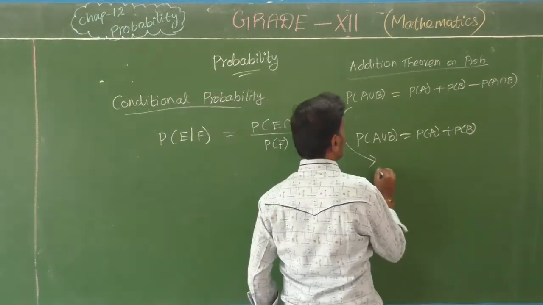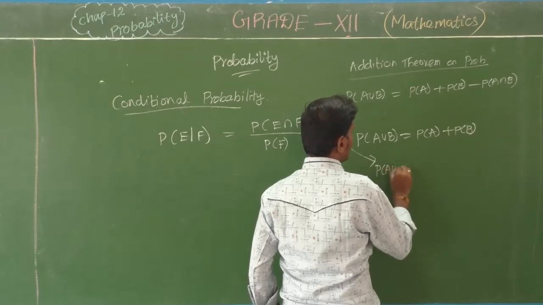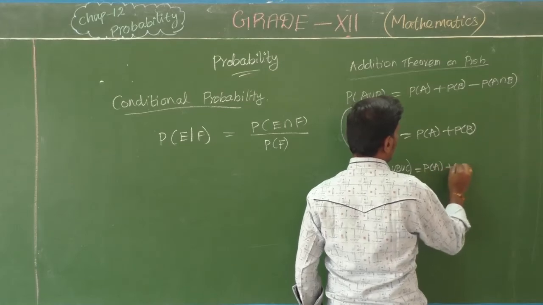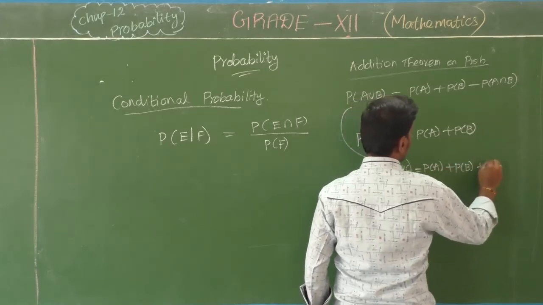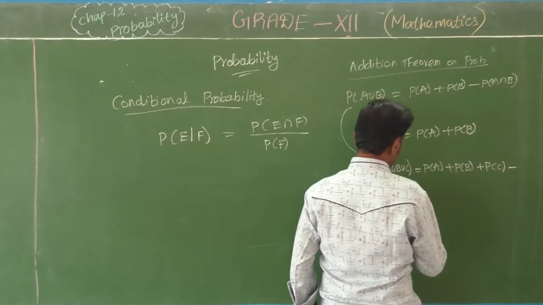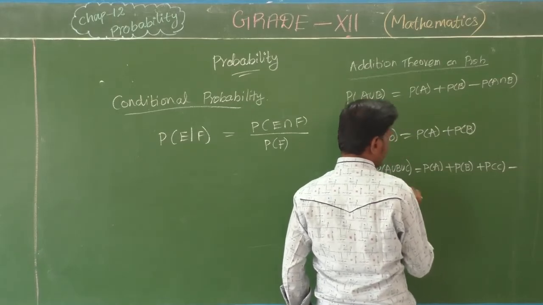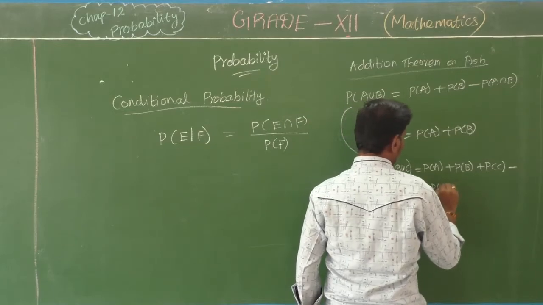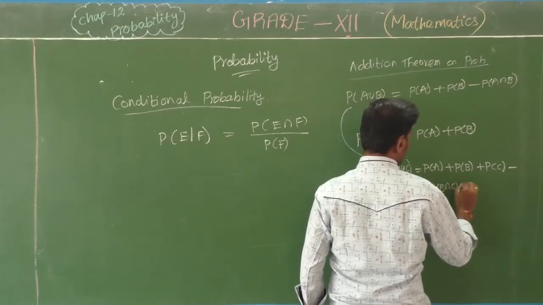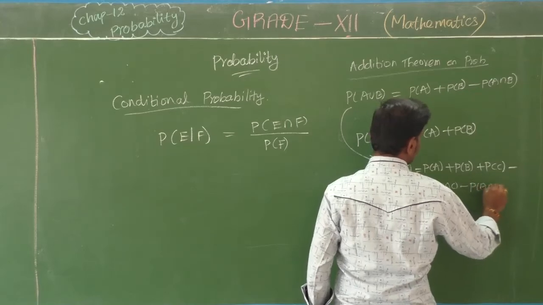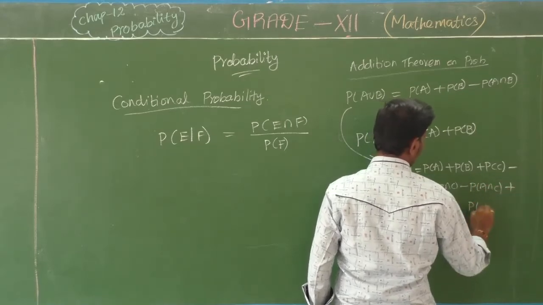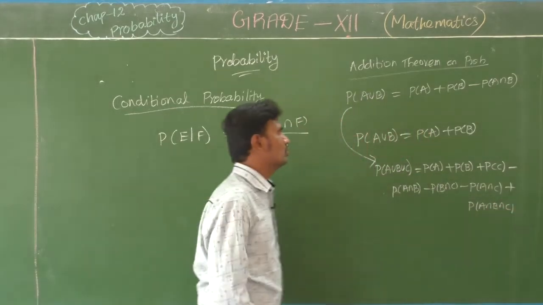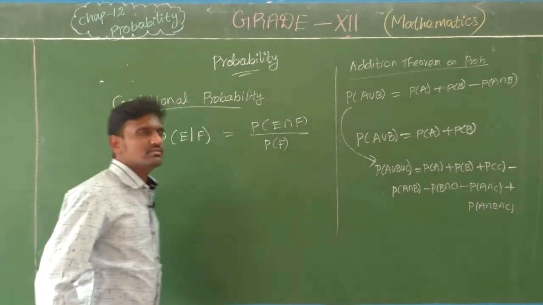Then P of A union B union C equals P of A plus P of B plus P of C minus P of A intersection B minus P of B intersection C minus P of A intersection C plus P of A intersection B intersection C. You prepared this formula in your 11th syllabus.